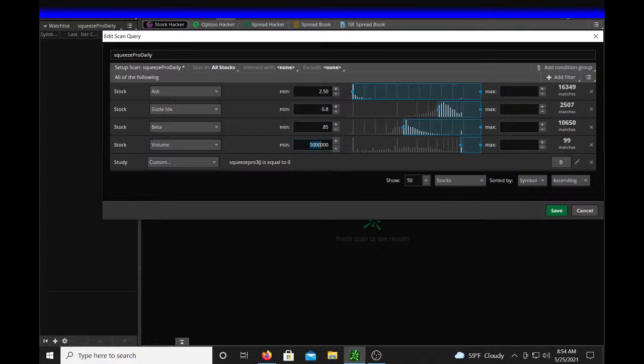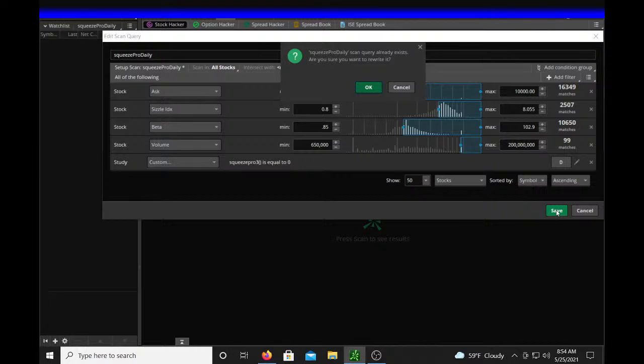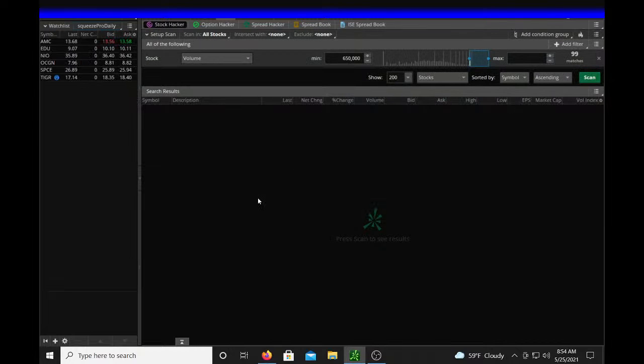Instead of 5 million, I probably wanted more like 500,000, but let's go 650. Scanning in all stocks. Hit save. Hit OK. Now some things are popping up.